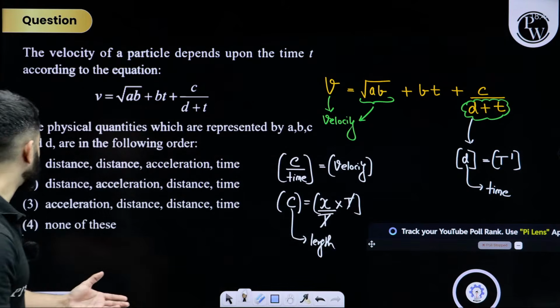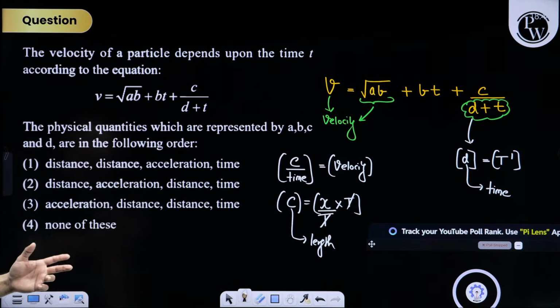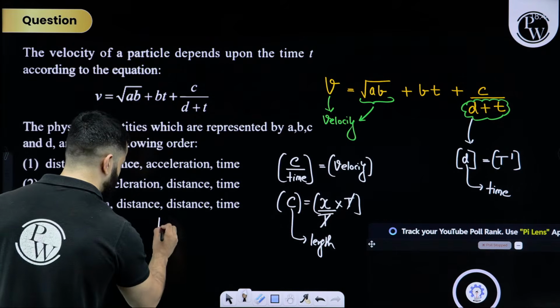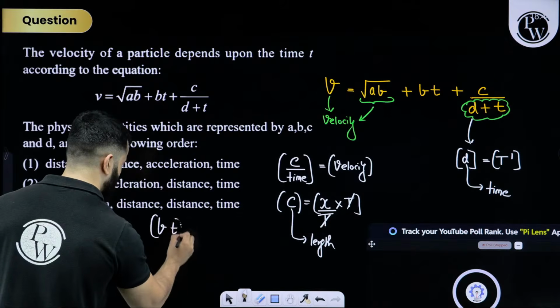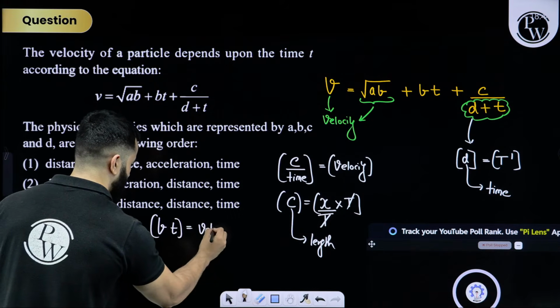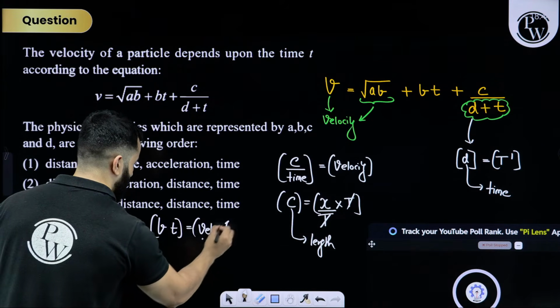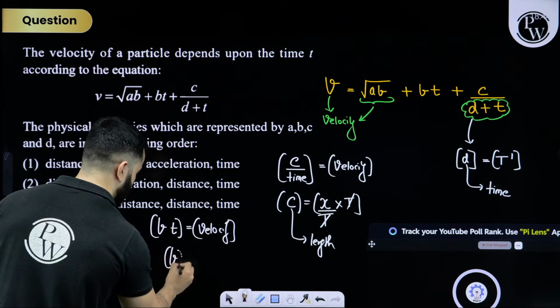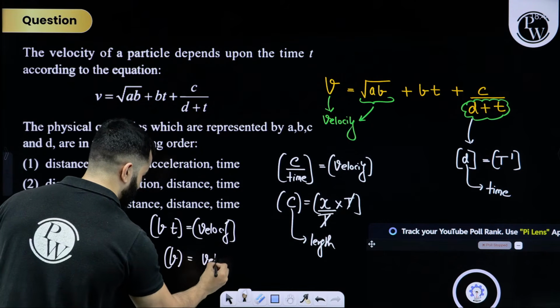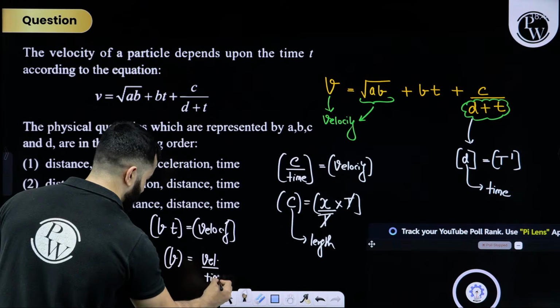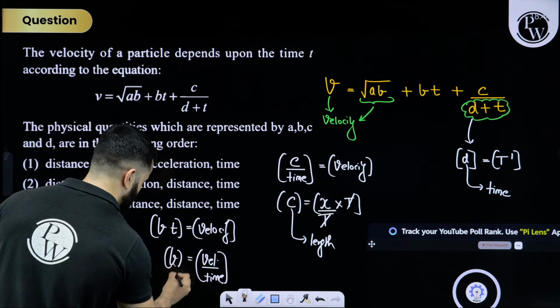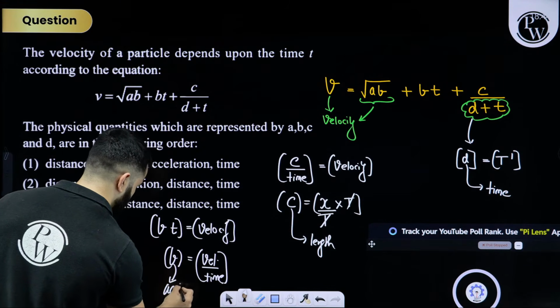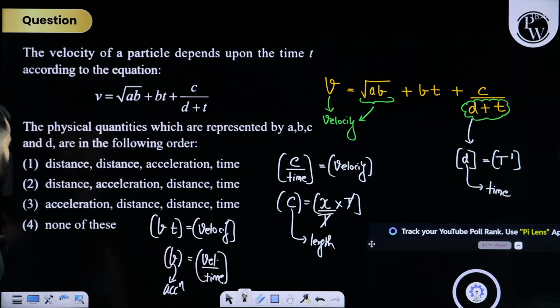That is distance, right? And then B times T is velocity, and velocity divided by time is acceleration. So B is acceleration.